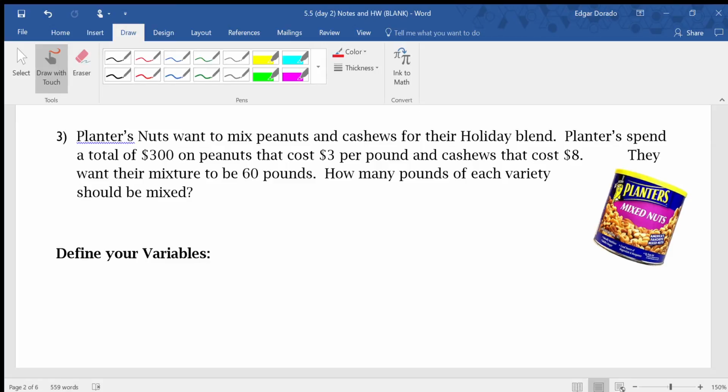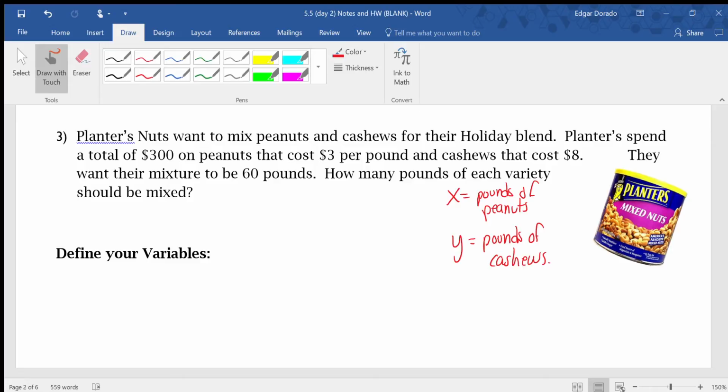So again, let's define our variables. We have x equals the pounds of peanuts and y equals the pounds of cashews. Okay. All right.